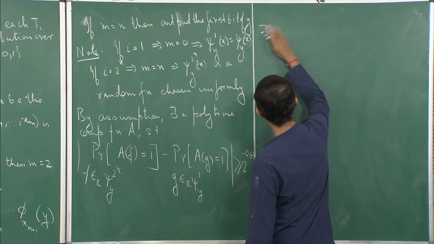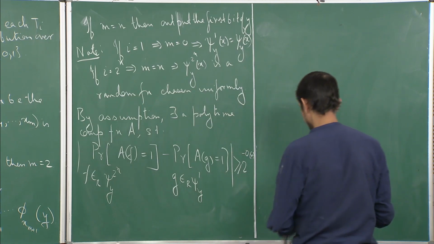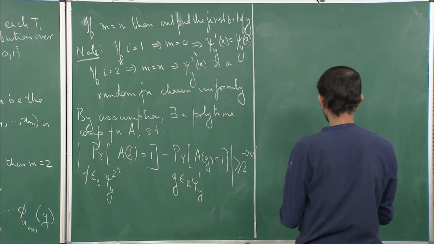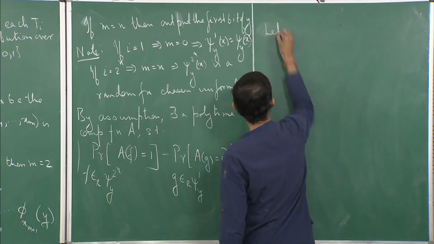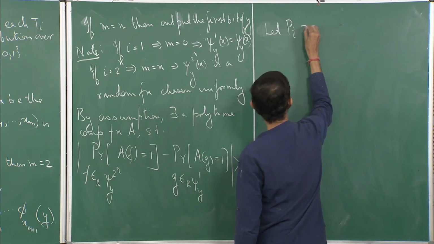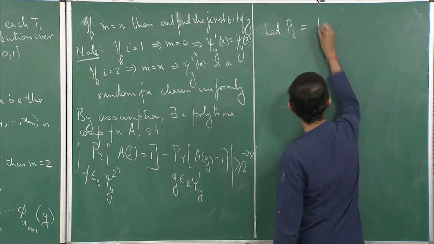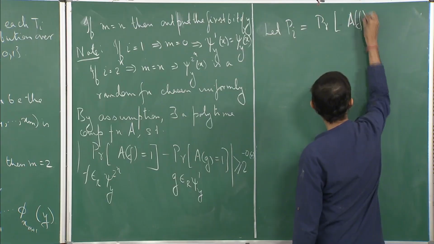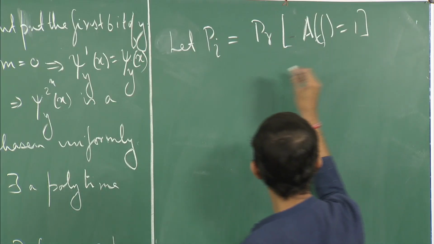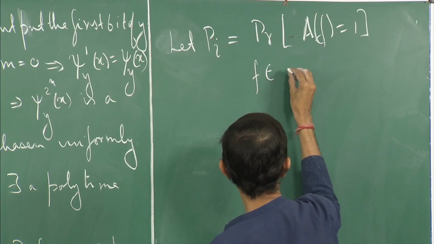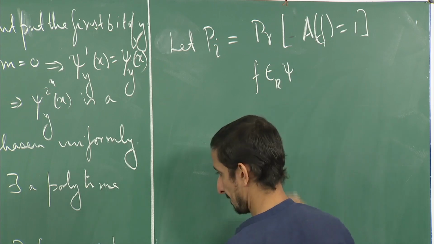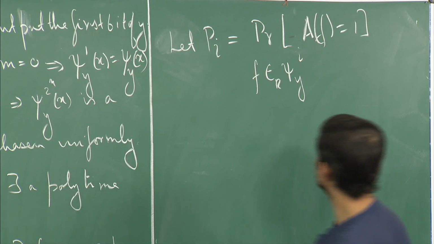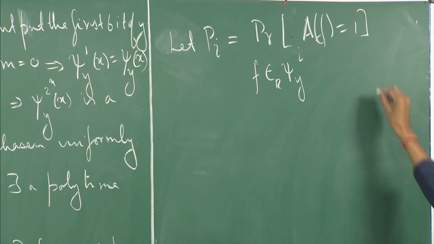Let me define a notation before that, it will be easier. Let Pi be the probability that A of f equals 1 for f chosen from the distribution psi_i of y.